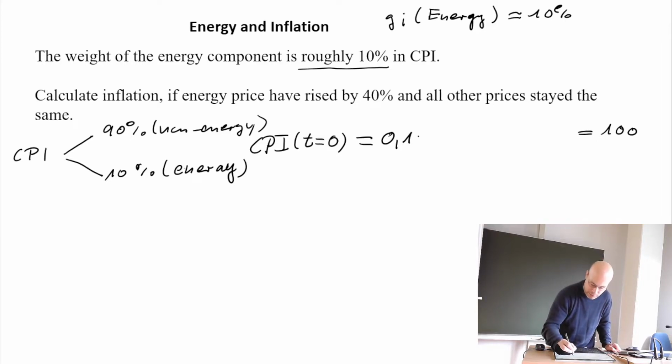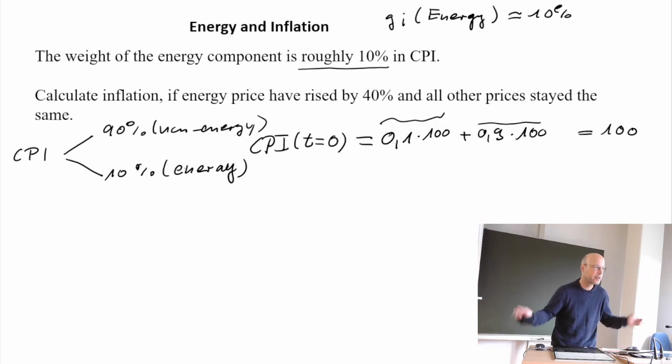So the energy component would then be 0.1 times 100 plus 0.9 times also 100, and this of course then adds up to 100 in total.